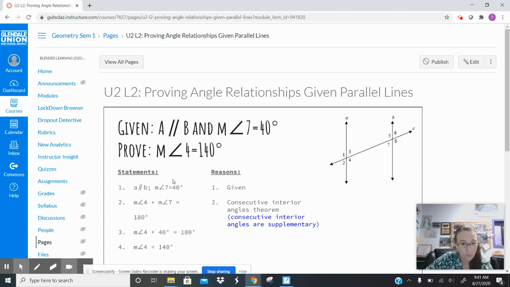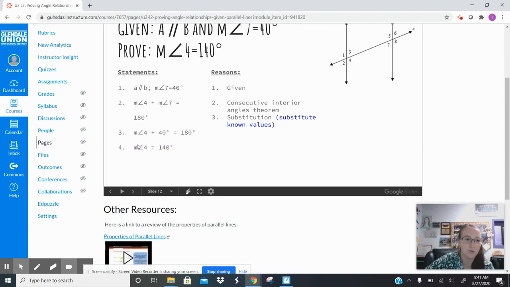But hey, we knew that angle 7 was 40, so all we did was plug in 40 for the measure of angle 7. If this is plugging in, this is substitution for statement 3. I substituted 40 into angle 7. That's my reason I was able to do that.